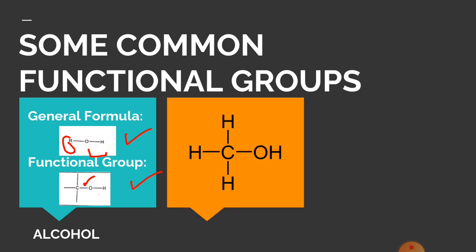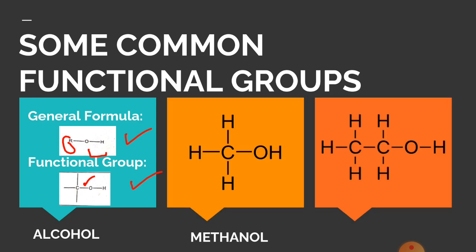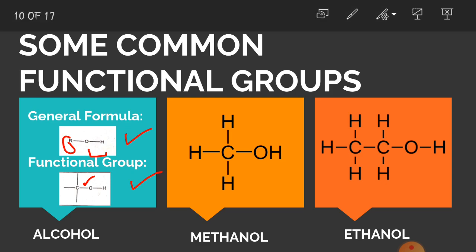Examples of alcohol include methanol and ethanol. Now in these two compounds, you can easily identify the presence of the OH group, and the presence of this OH group is classifying them into a family of organic compounds with the name alcohol.